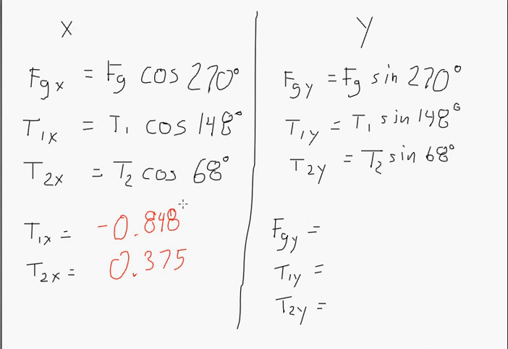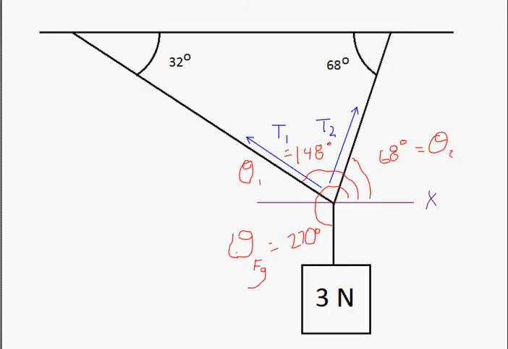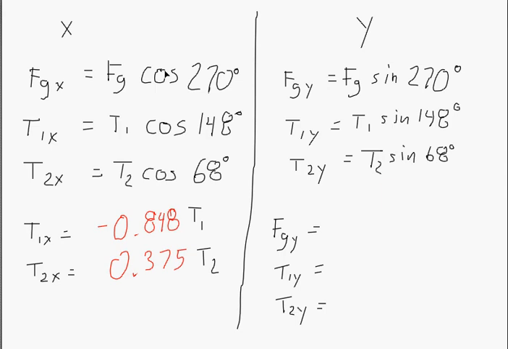Now the thing to realize when doing these is that you must always remember that you had a T1 out front. Your T1 is going to remain, and your T2. So let's do this really quick. This one is going to be our FG. Remember, when we look back at this diagram, this has a force of gravity of 3. So we're going to go 3 times sine 270, and that's just going to give us negative 3 newtons.